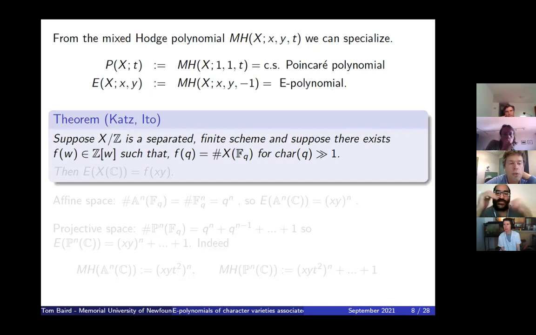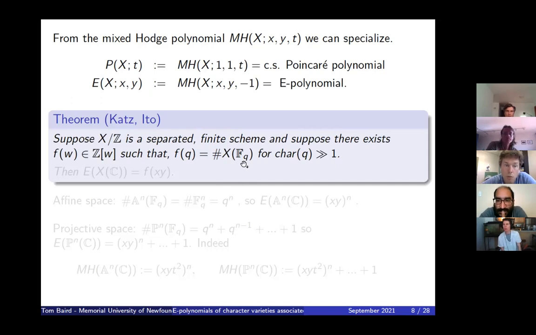Suppose we have a separated finite scheme X defined over Z. And suppose further that we have a polynomial f of W with integer coefficients, such that whenever I evaluate this polynomial at a prime power, the number I get agrees with the number of points in that scheme defined over the corresponding finite field.